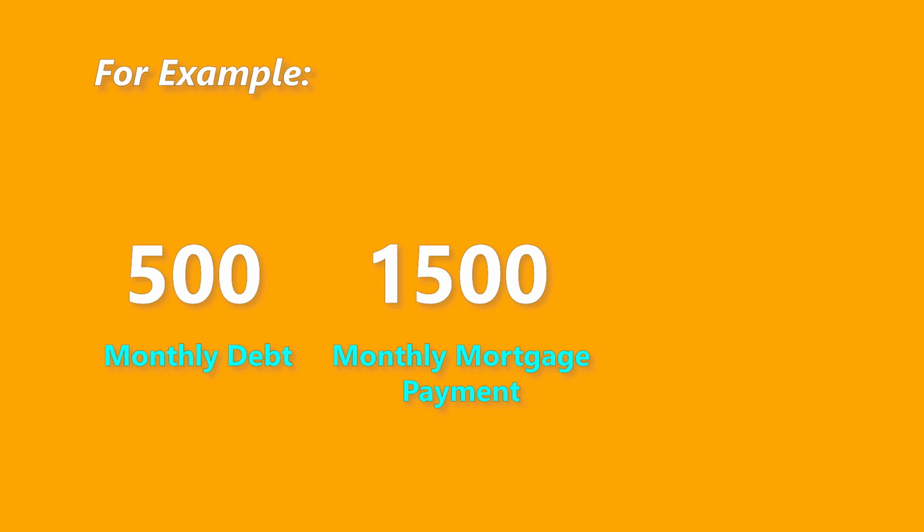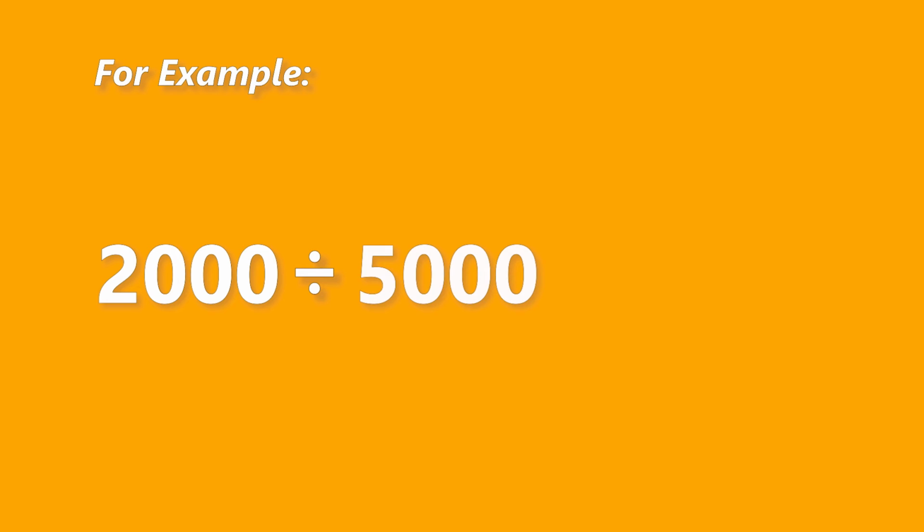So now your total expenses are $1,500 plus the $500, which is $2,000. And when you divide that by your $5,000 per month gross monthly payment, you are now at 0.4, which is 40% debt to income ratio. All right, so as you can see, you can improve your debt to income ratio. You just have to make the appropriate adjustments.